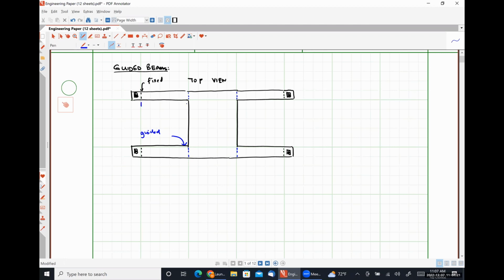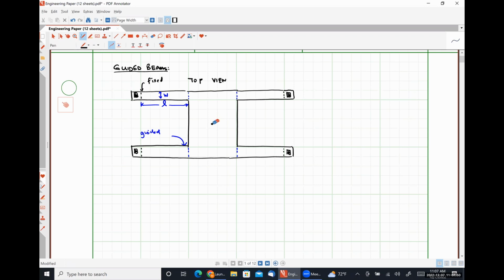So in this particular structure, we are going to have 4 guided beam springs having a length of L, a width of W, and when I draw the side view, we'll define the thickness T. And we have a force.